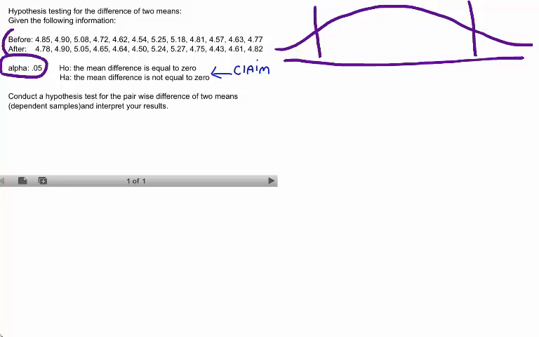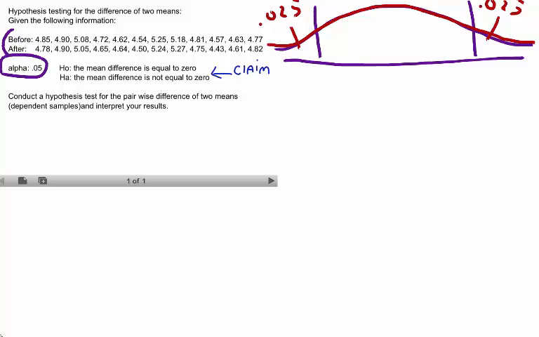Since we're conducting a two-tailed hypothesis test and our significance level alpha is 5%, because the total area under the bell curve is equal to 1, our 5% alpha will be split into the two tails, so we put 2.5% in each.